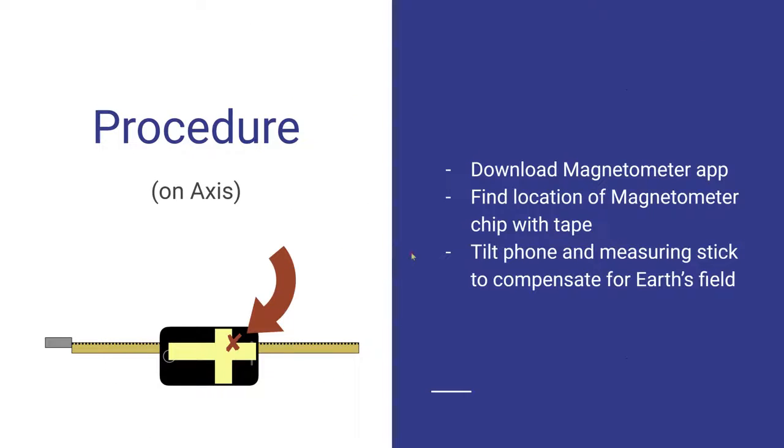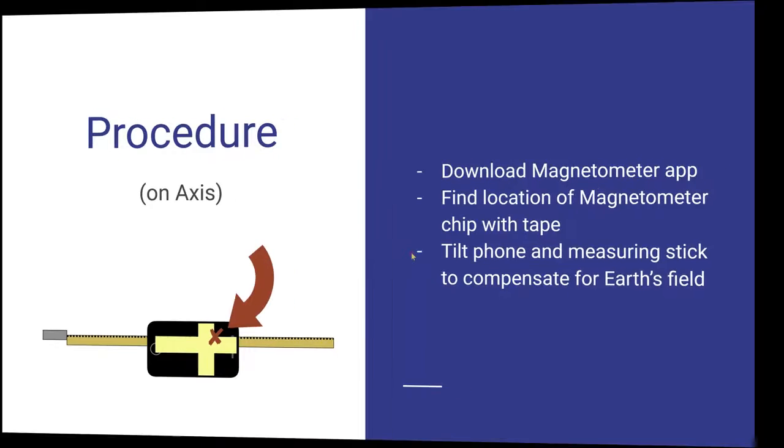So first, the procedure for the on-axis is you get the magnetometer app, and the first thing to do is to find the magnetic chip within your phone and to account for the magnetic field that surrounds Earth so that you get accurate readings.